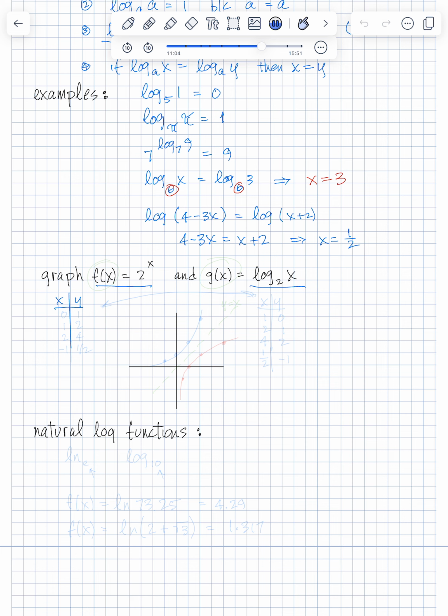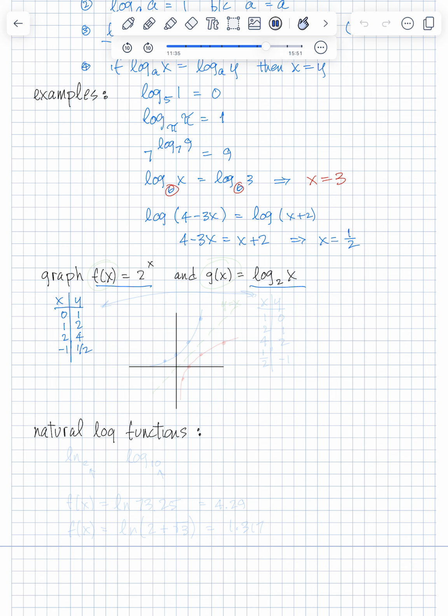So when x is 0, y is 1. When x is 1, 2 to the 1 is 2. When x is 2, 2 squared is 4. Let's get one on the other side of the y-axis. When x is negative 1, 2 to the negative 1 is 1 over 2, so it's 1/2.